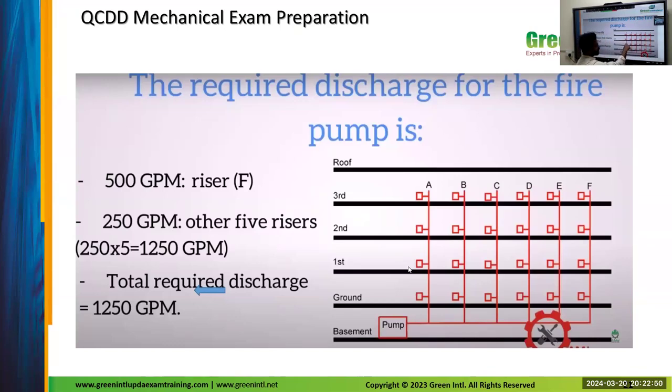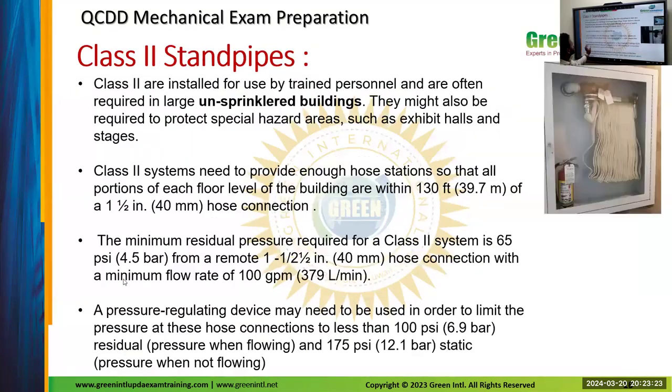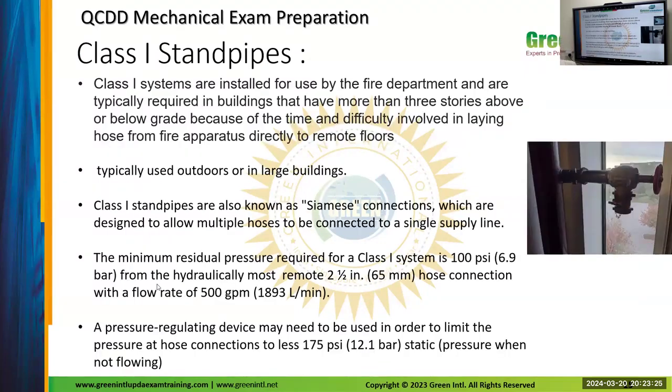If this is a system, these are risers, and the most remote sprinkler is F. So this last riser must have a flow of 500 GPM, and the last sprinkler must have a minimum of 100 psi. Not 11, 100. Actually, I am telling 100 psi.